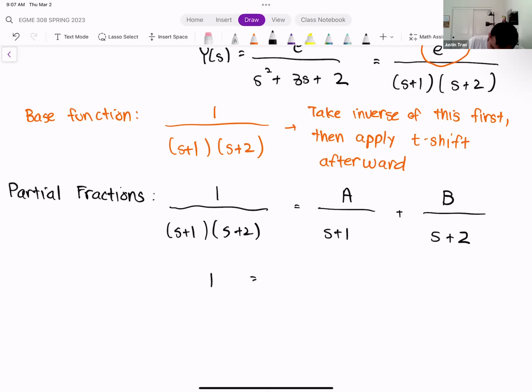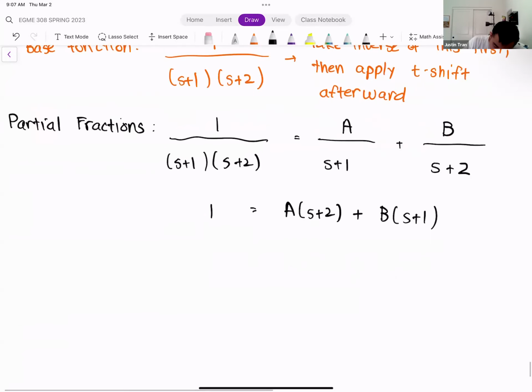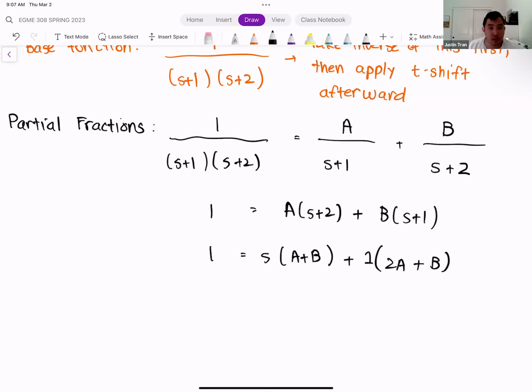Let's multiply by the denominator here. If we do that, we end up with 1 is equal to A times s plus 2 plus B times s plus 1. Let's group the like terms. We have 1 is equal to s times A plus B, plus the constant term multiplied by 2A plus B. Now let's set up our equations.